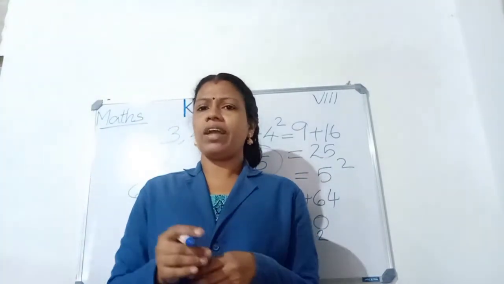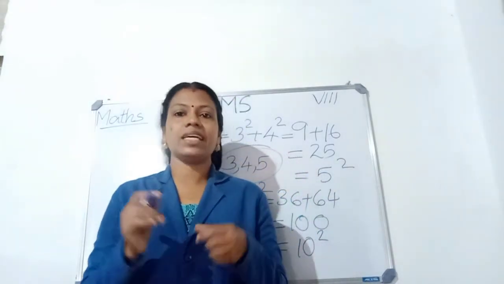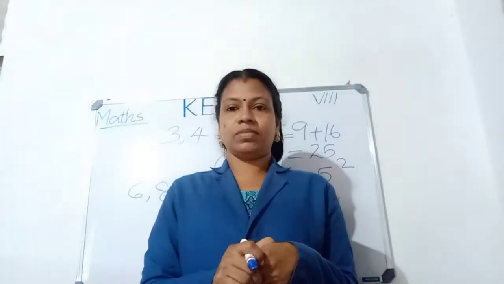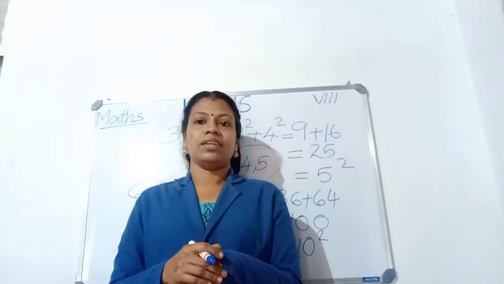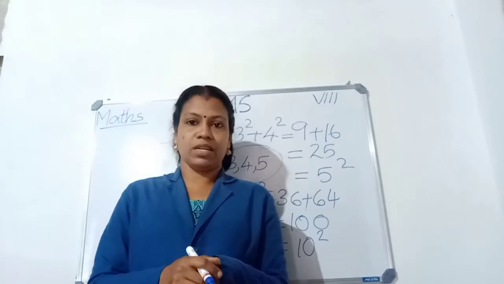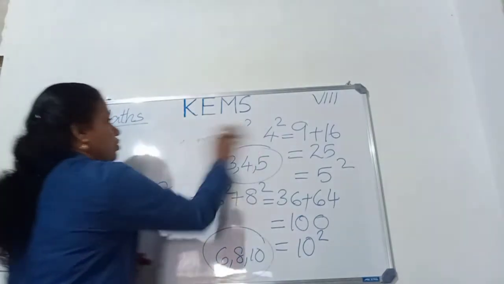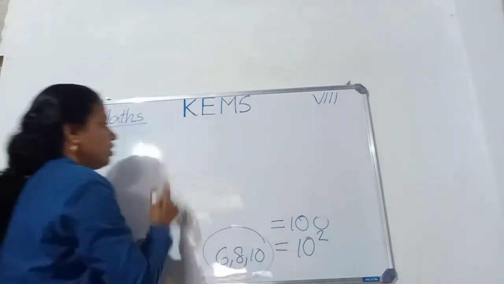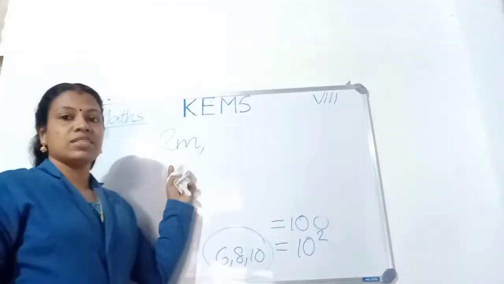Okay. Can you find some more Pythagorean triplets? Of course. There is a general form for finding Pythagorean triplets. For any natural number m greater than 1, the first number is 2m.